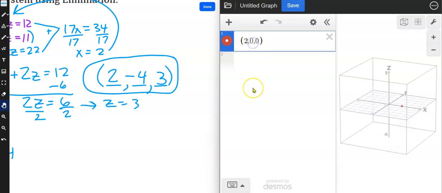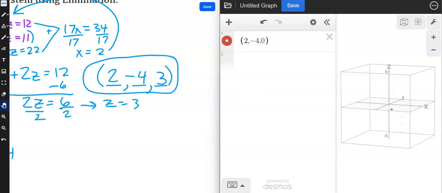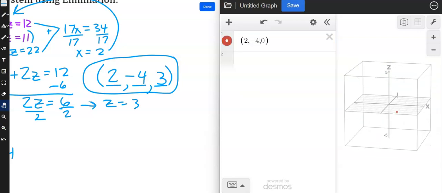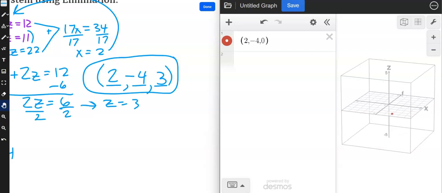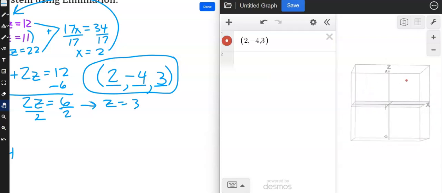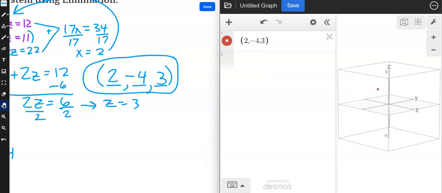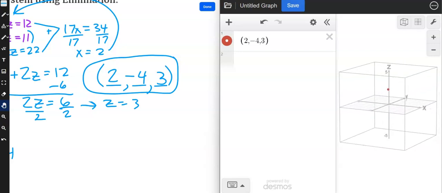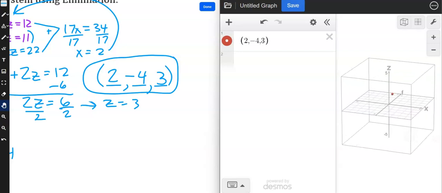But then when I go -4, now you can see that it's moved off the x-axis down 4. And then lastly, up 3, you can see that it's jumped off the xy plane. It's now 3 units above. So that's what it looks like.